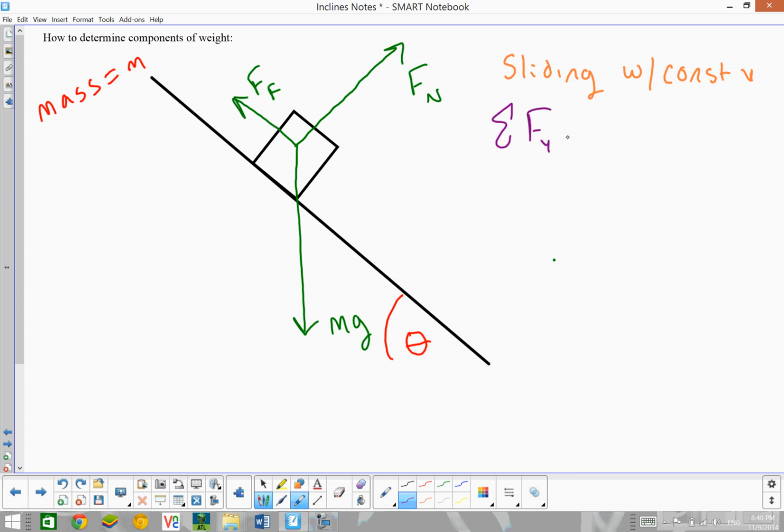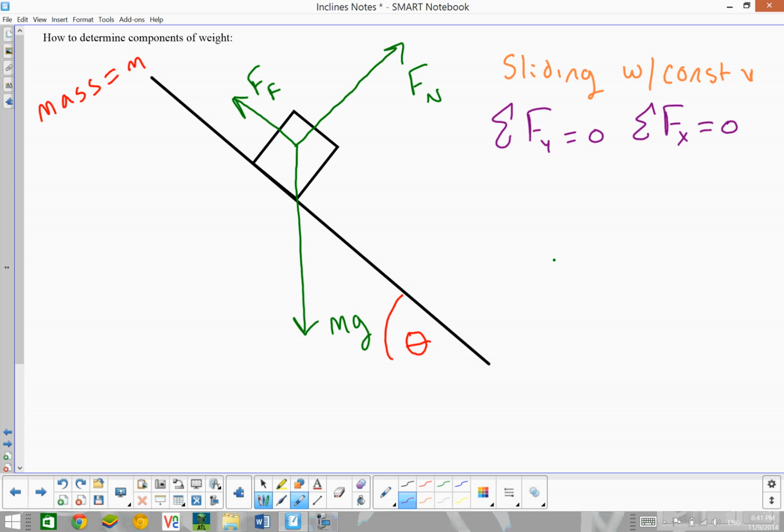So in the y dimension, your net force is 0. And in your x dimension, your net force is 0. Now, if the object were accelerating down the plane, then the net force in the y would still be 0, but your net force in the x would be ma.